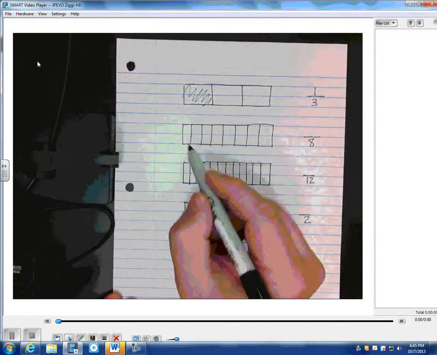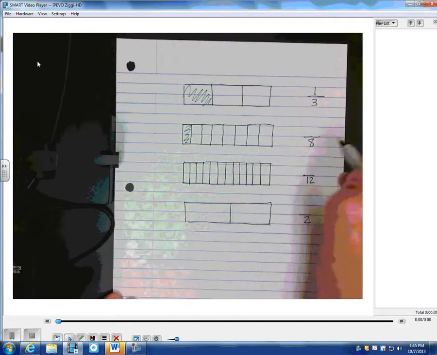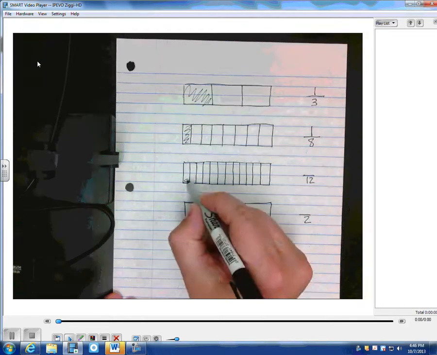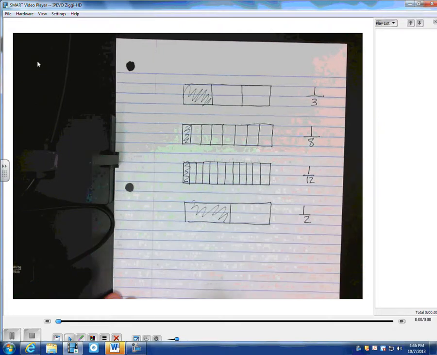And they said 1/8. So again, 1/8, and then 1/12, and then 1/2. Okay? So once you have this visually, it's easy to see which is the smallest, and then go from there.